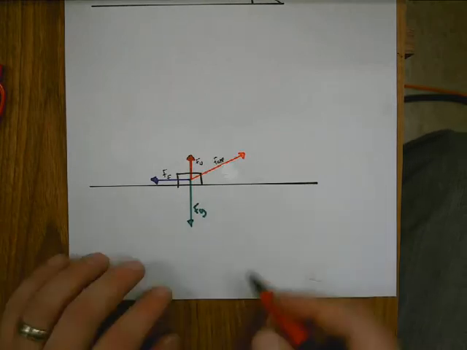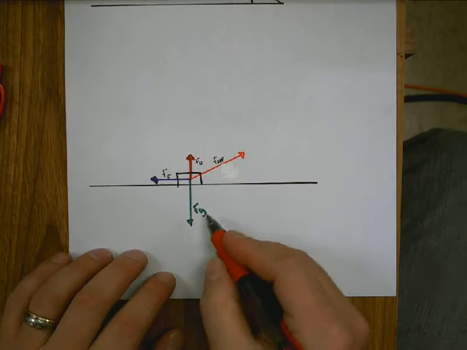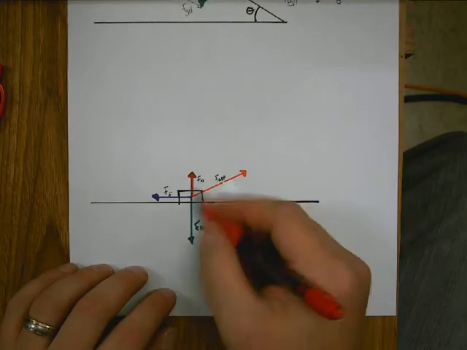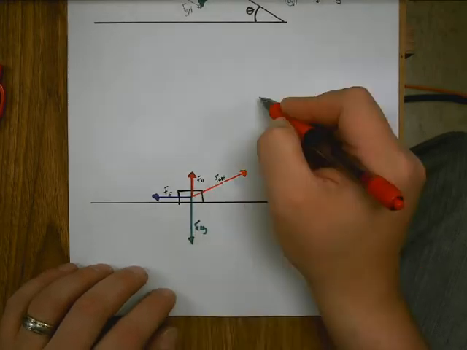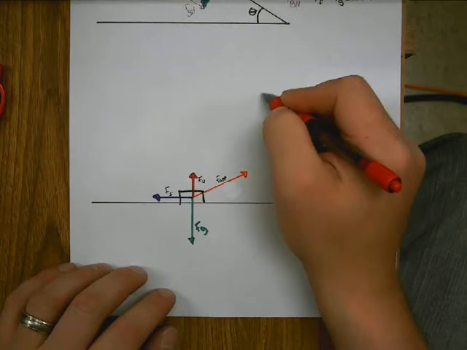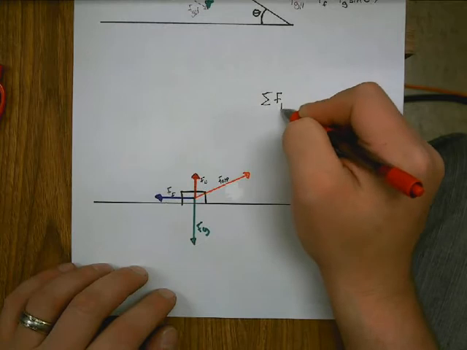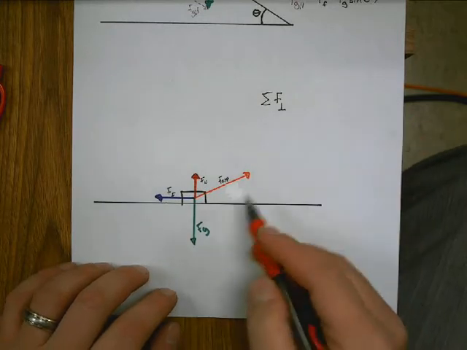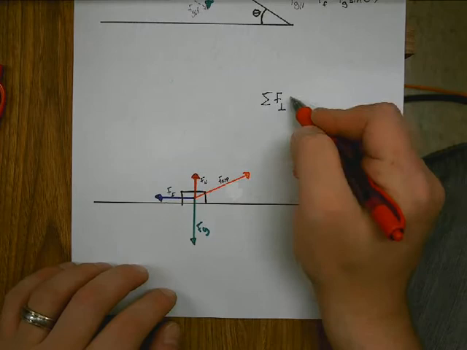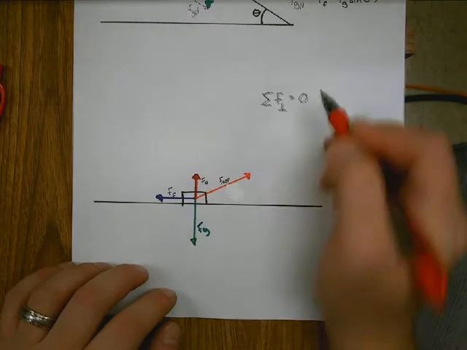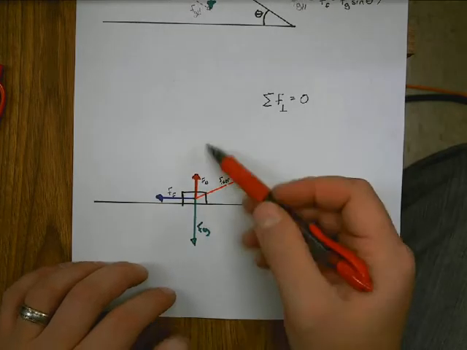In this case, though, if I were to look at all of my vertical forces, so if I were to sum up all of my forces perpendicular to the surface, the sum of all the forces perpendicular to the surface has to equal 0. Because my object isn't lifting off the table, or falling through the table.